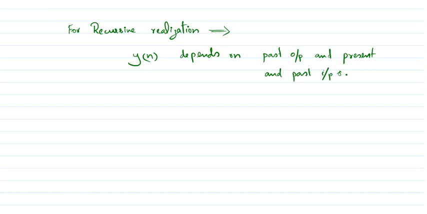Okay, so mainly this recursive realization means IIR filters, that is infinite impulse response, where the output depends on past output, present and past inputs.